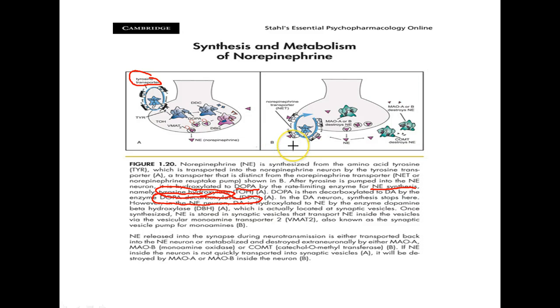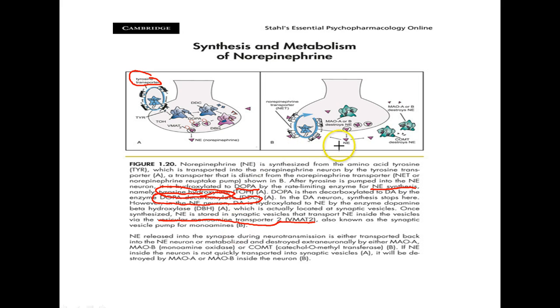This you are probably familiar with from your basic science. Now once norepinephrine is made, it is transported inside the vesicle via VMAT2, or vesicular monoamine transporter type 2, also known as the synaptic vesicle pump for monoamines.